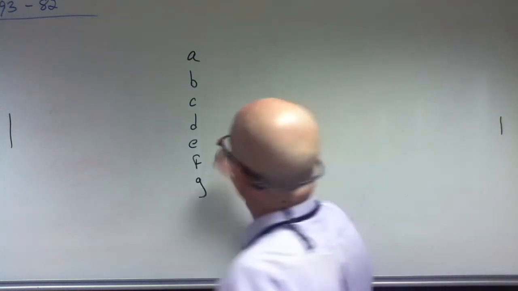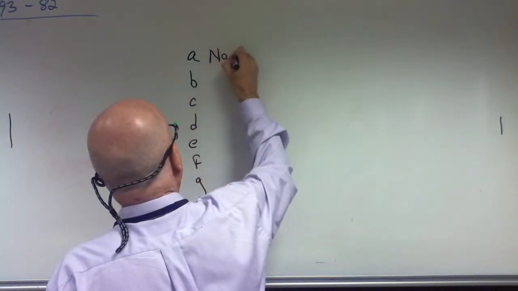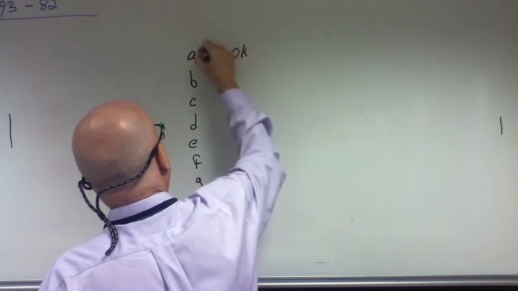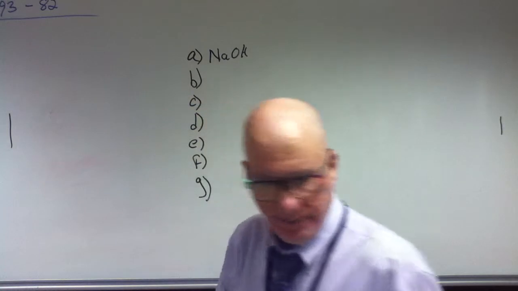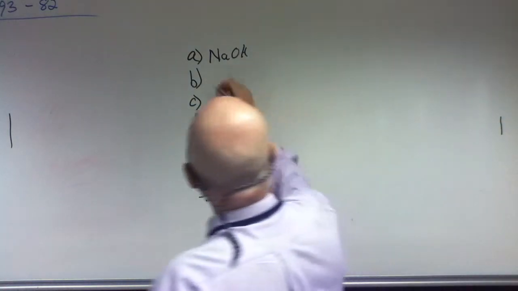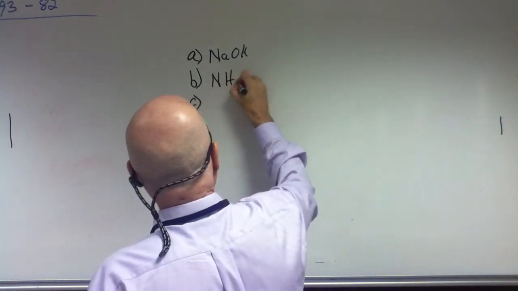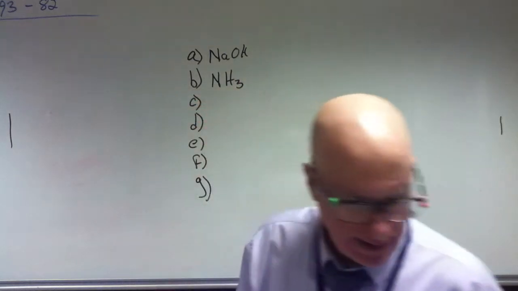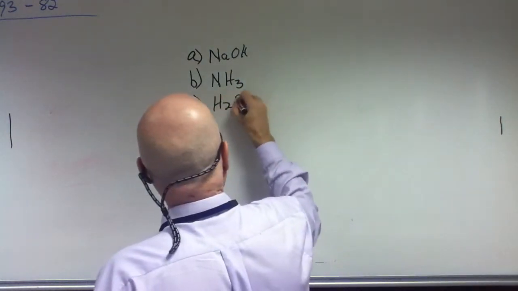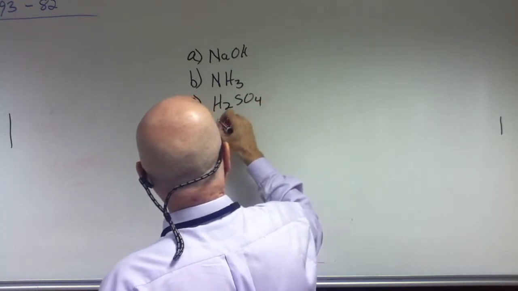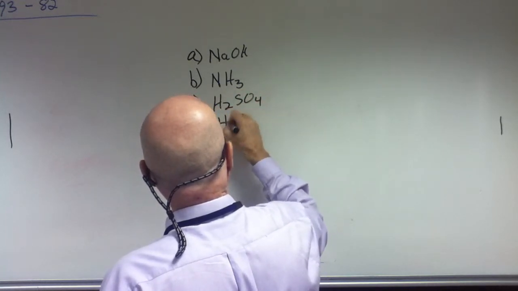Let's see, A is NaOH. What is B? NH3. C is H2SO4. Is that right? And what's D? HCl.